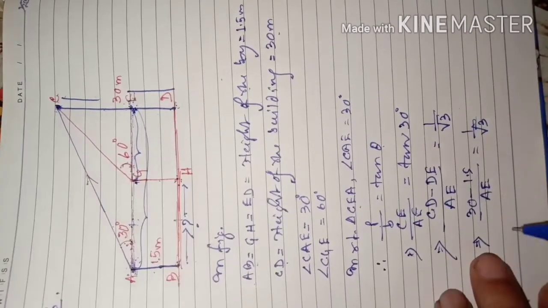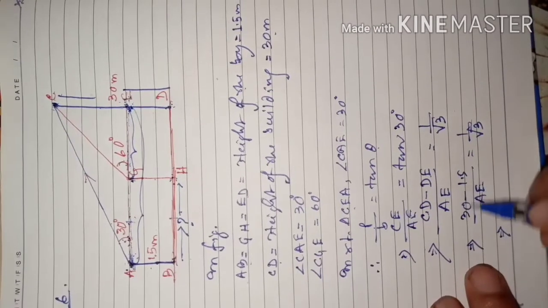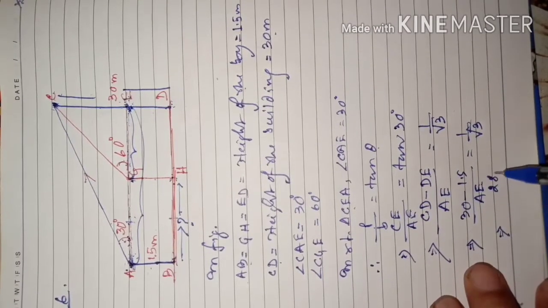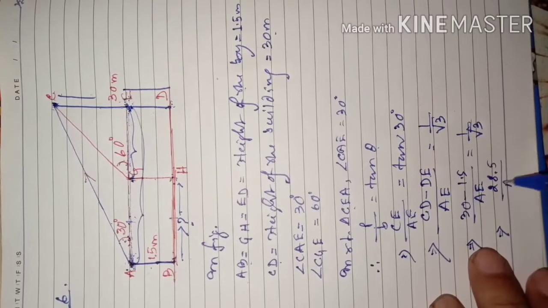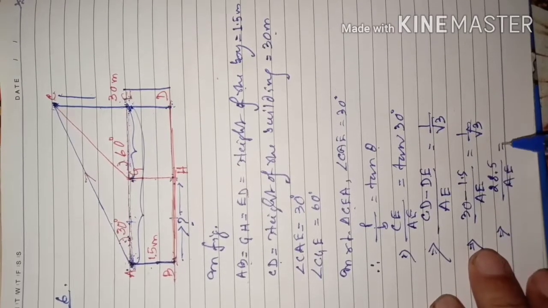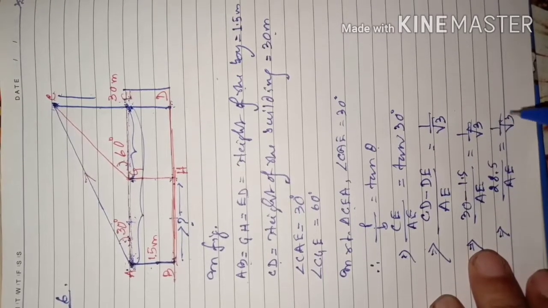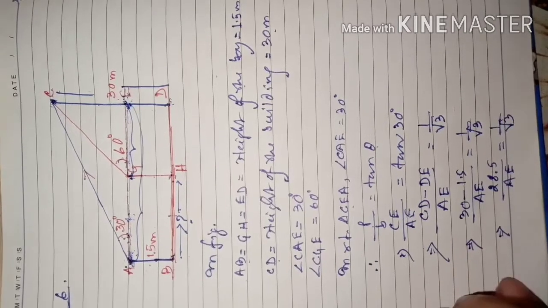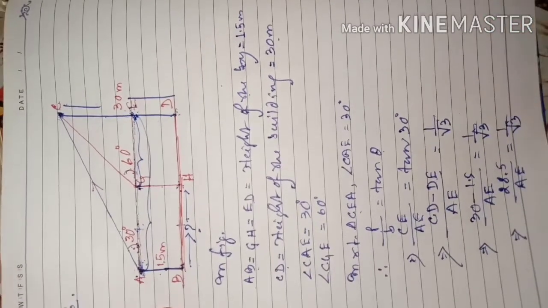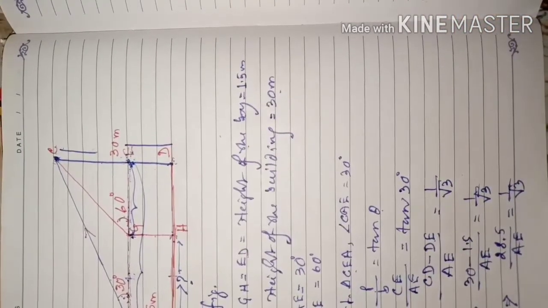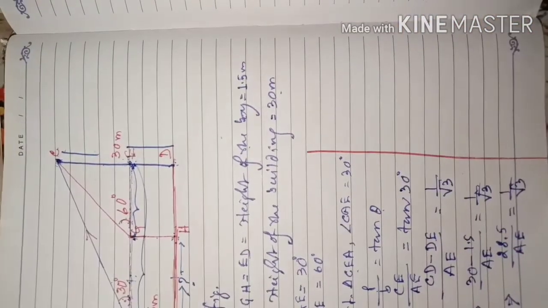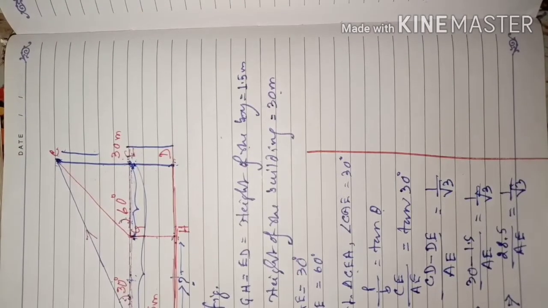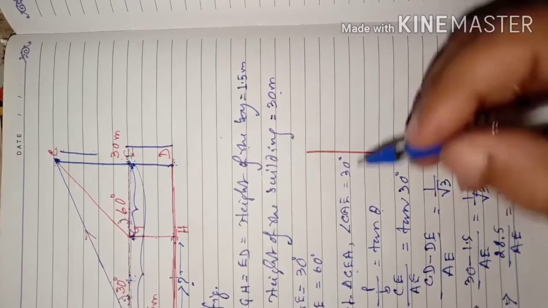Clear? So now we see 30 minus 1.5 is 28.5. 28.5 divided by AE is equal to 1 by root 3. Now cross multiply, and you will get AE. So AE equal to cross multiplication.